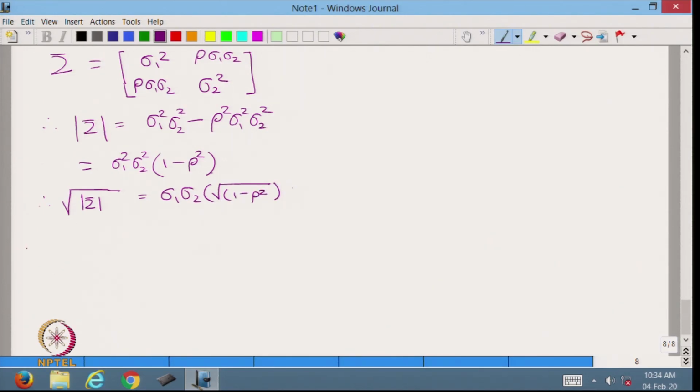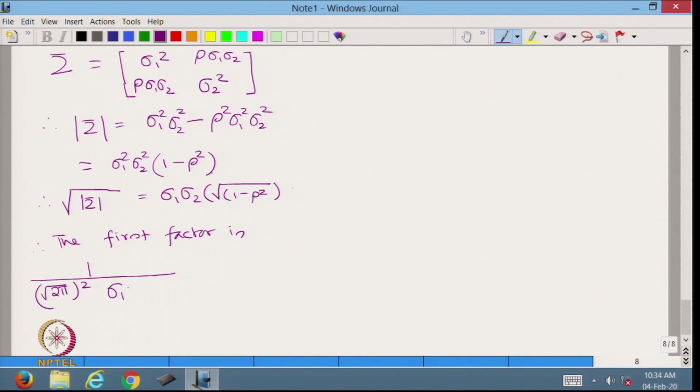Therefore, the first factor of the joint PDF is 1 over 2 pi, because it is root over 2 pi whole square, into determinant of sigma to the power minus half.